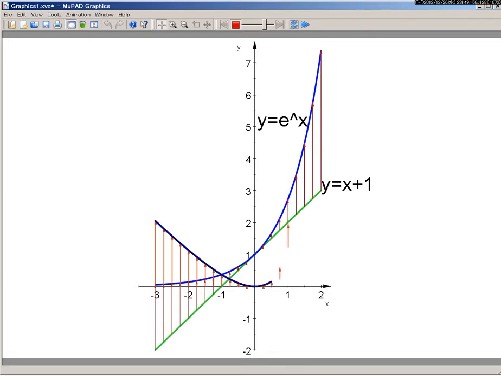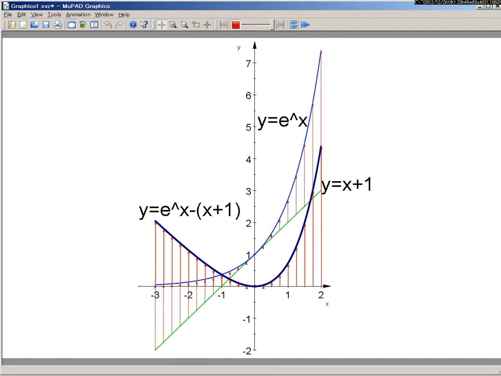And this blue curve is y equals exponential x minus (x plus 1). This is the second order residue, and we are going to compare this with ax squared.